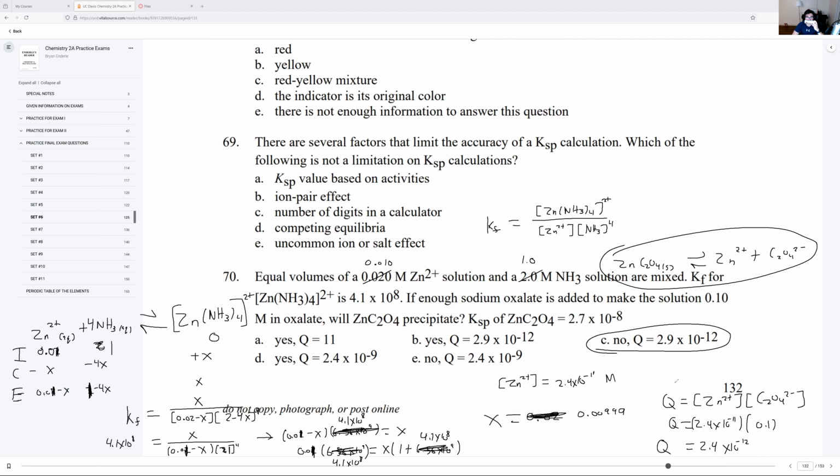Any other questions? You can tell which of the salts. Is there a certain question? Like a particular one that does that problem, or just in general?